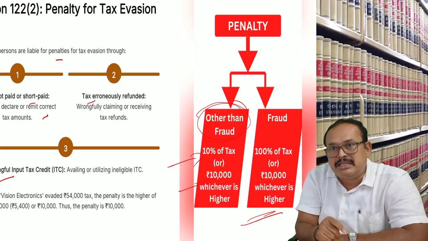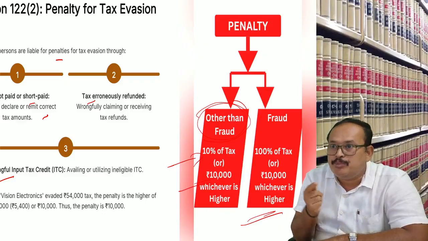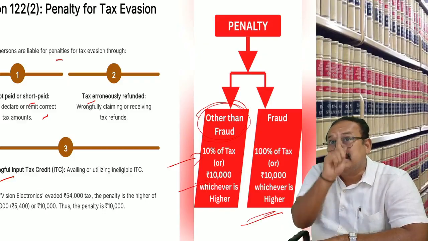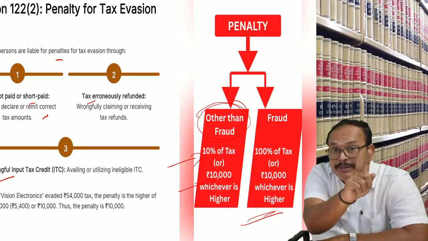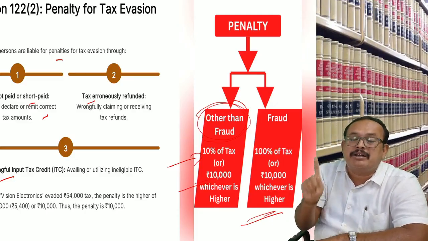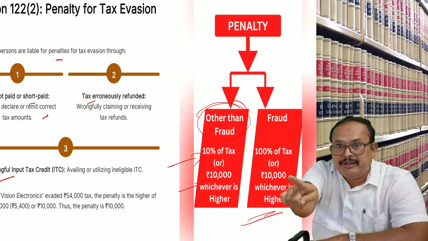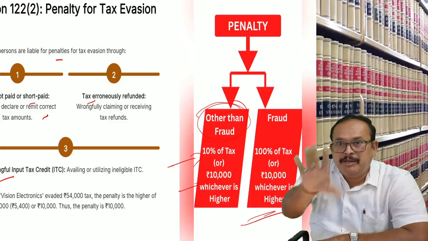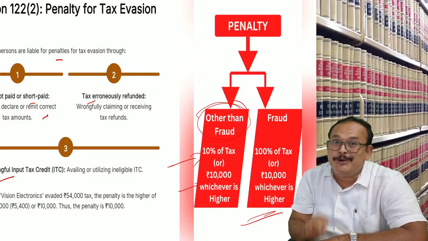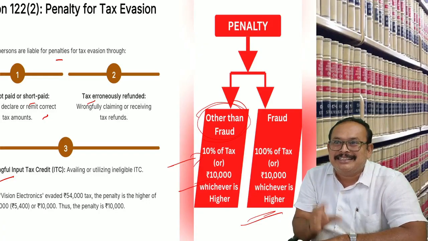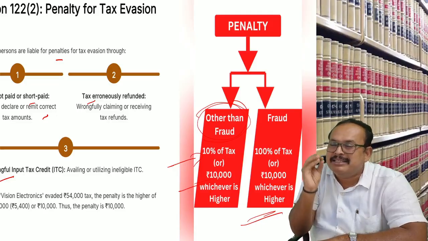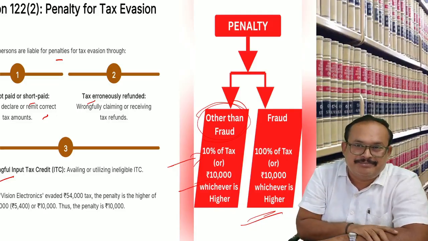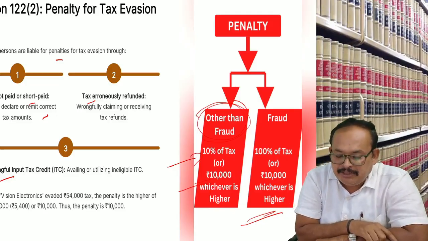What is the penalty? 100% of tax or rupees 10,000, whichever is higher. That is copied and pasted under 122. If it is fraud, the penalty is as per 122(1). If it is non-fraud, the penalty is as per 122(2). The severe penalty is reduced for non-fraud cases. Is that clear?